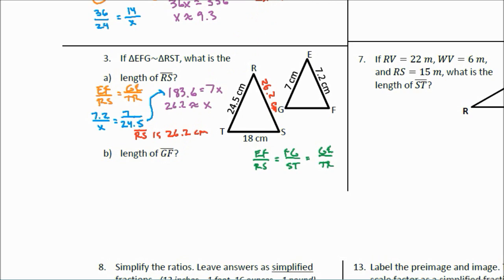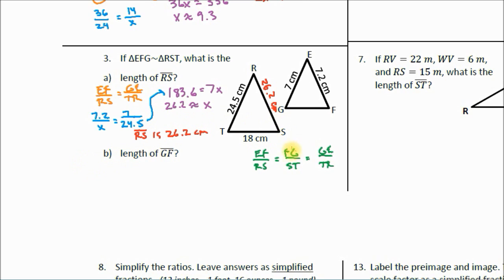Let's take a look at our statement of proportionality. GF is the second one. FG, oops, that's not FG. I wrote that, I have no idea. Take a look. Okay, let's take a look at our statement of proportionality.